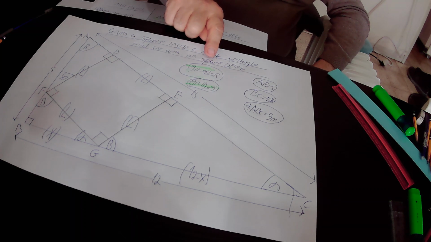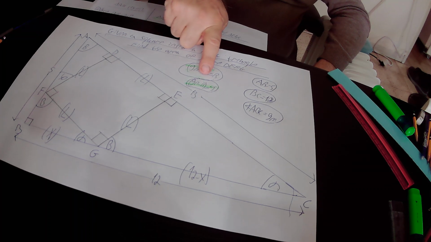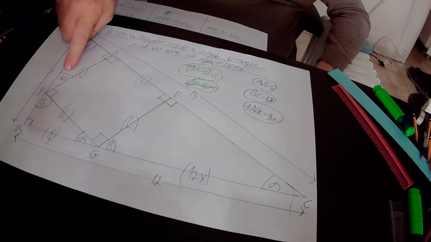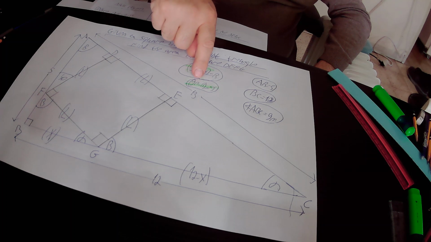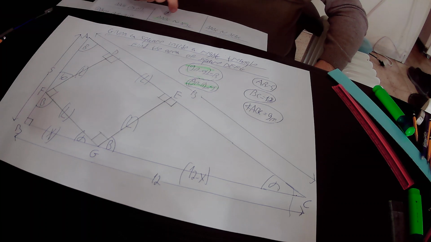So if you subtract beta and add alpha to this equation, you will get that 90 degrees minus beta equals alpha. And we just found out that the missing angle here in the triangle ADF must be equal to 90 degrees minus beta. But 90 degrees minus beta equals alpha, therefore the missing angle here must be equal to alpha.